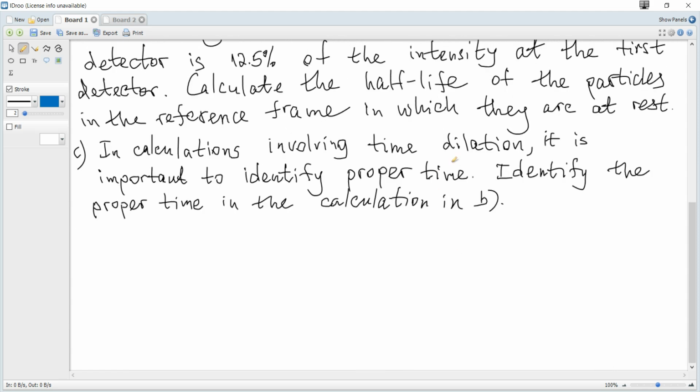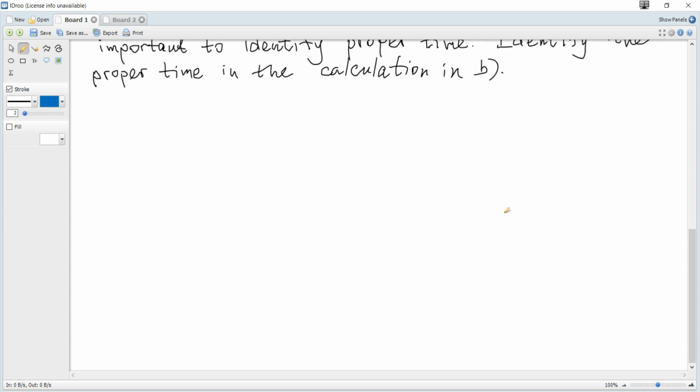So we can consider this moving reference frame to be easier, but let's practice and solve this problem in the laboratory or Earth reference frame, and then with respect to the moving particles' reference frame. So this situation looks like this.